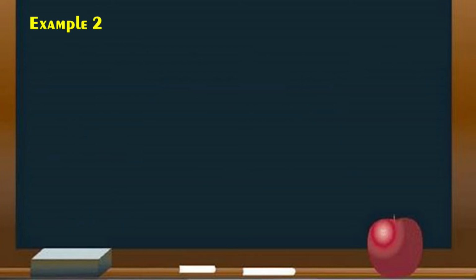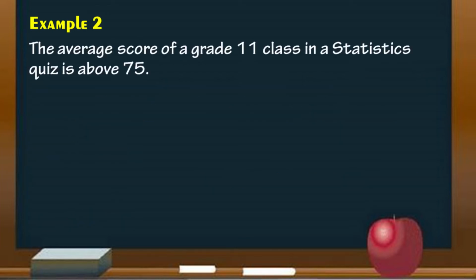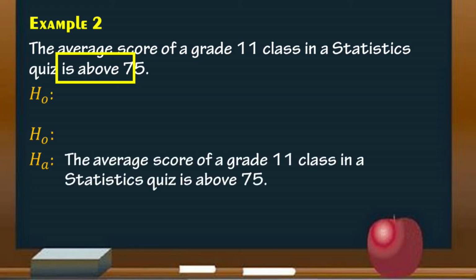Example number 2. The average score of a grade 11 class in a statistics quiz is above 75. In this claim or statement, the word above was used. Therefore, this will be our alternative hypothesis. The average score of a grade 11 class in a statistics quiz is above 75.